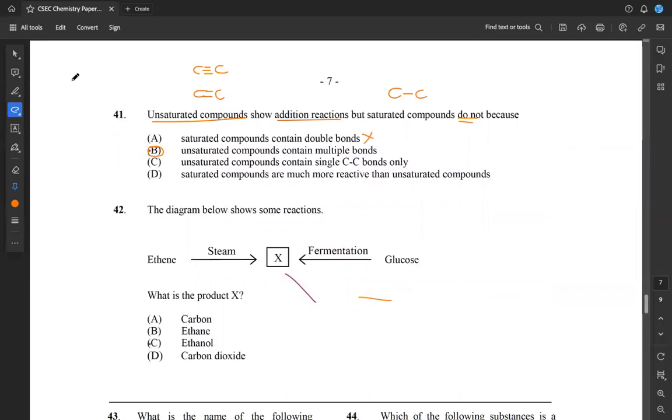And so remember now, when we have the carbon-carbon double bond, and that's an unsaturated compound, we can always add across this double bond to make it so that we have this kind of a situation.